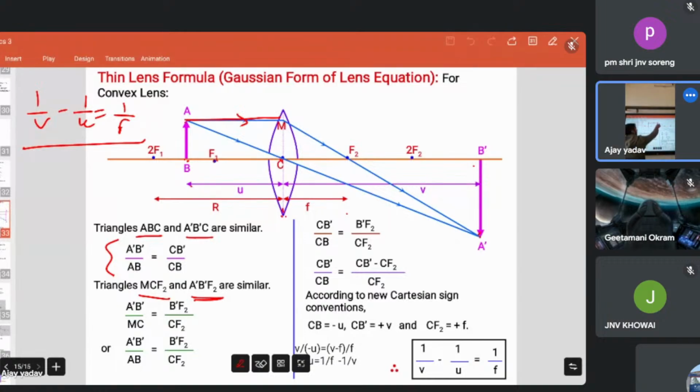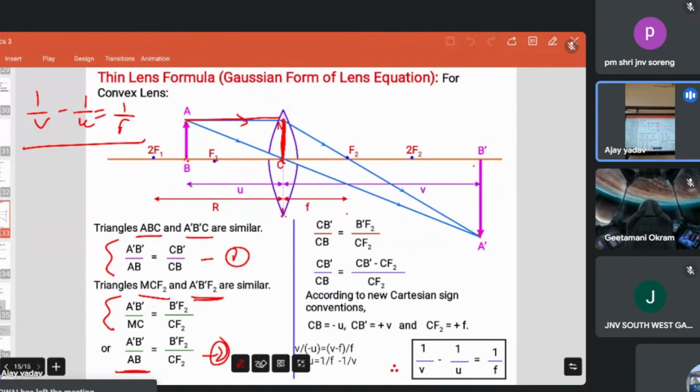We take the point M because we cannot take AB, so we take MC, and MC and AB are equal. So in place of MC, we can write AB. This is the first equation and this is the second equation. As the left hand side of both equations is the same, the right hand side will also be the same.